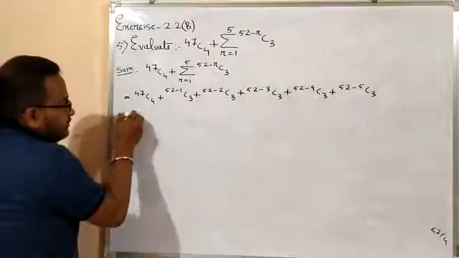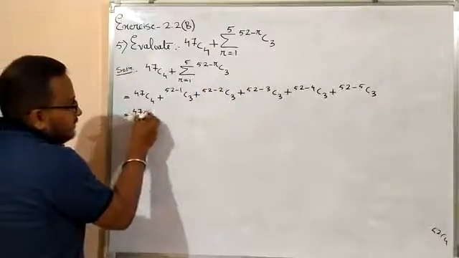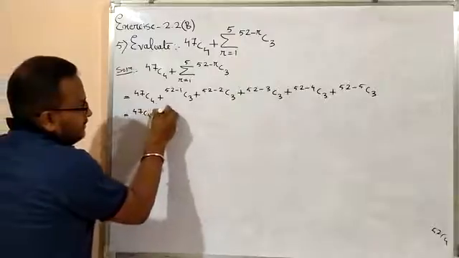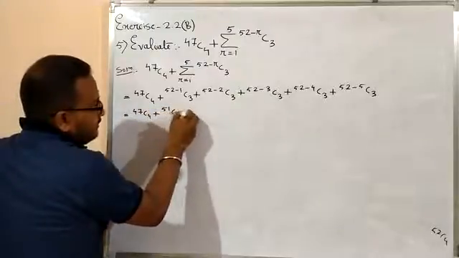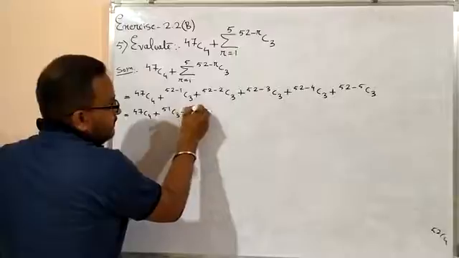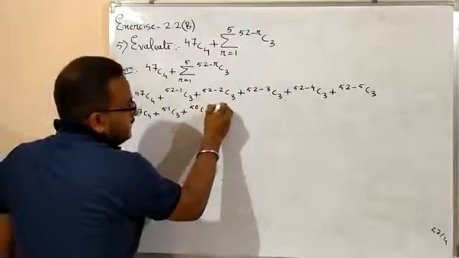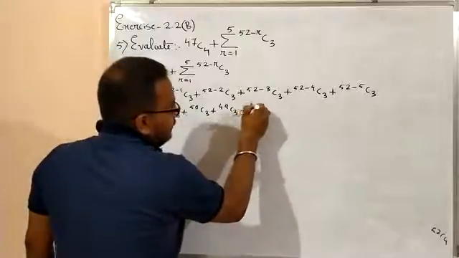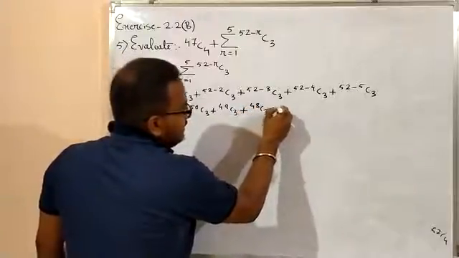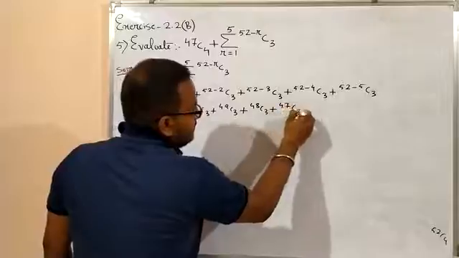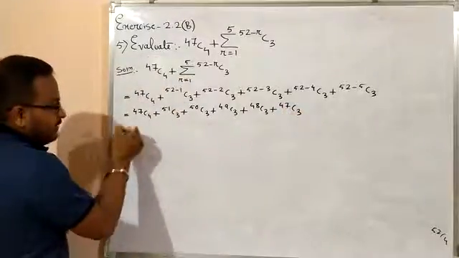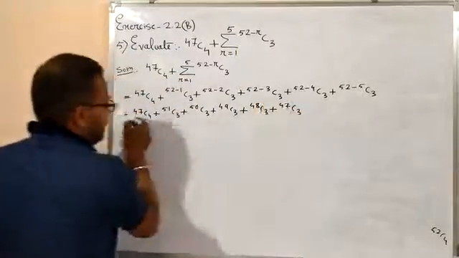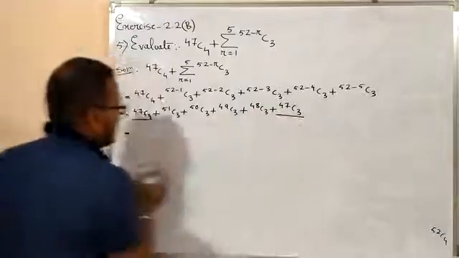Now this equals 47c4 plus 51c3 plus 50c3 plus 49c3 plus 48c3 plus 47c3. Right, now it is 47, it is also 47. Now take these two terms together.